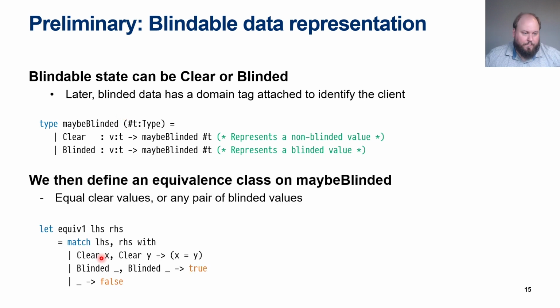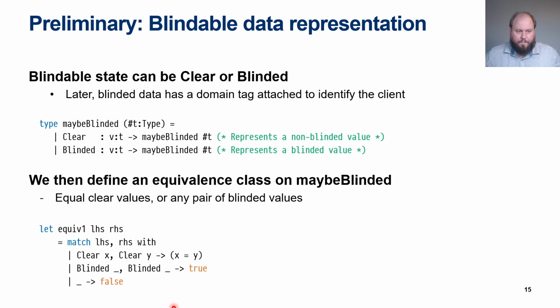But we also need to define an equivalence class on maybe blinded. And the definition of equivalence that we have, as I hinted at before, is that two values are equivalent if they are both clear and equal, or they're both blinded. So what we don't allow is two clear values that are different, because you can then just look at the two values and see, is this the same?